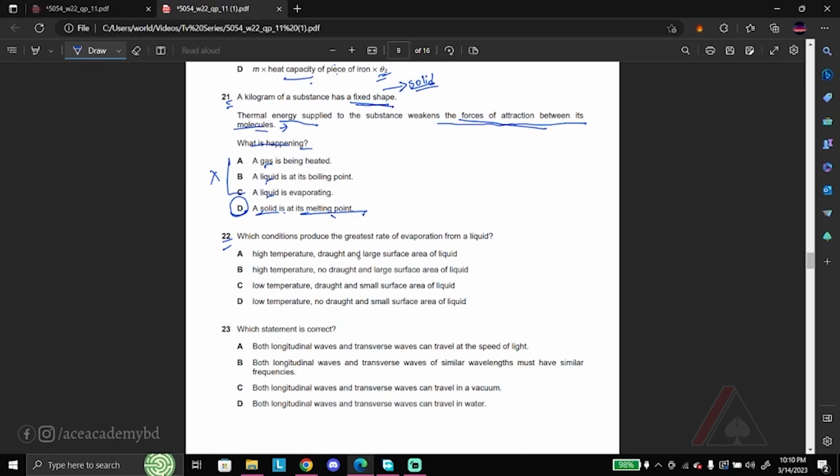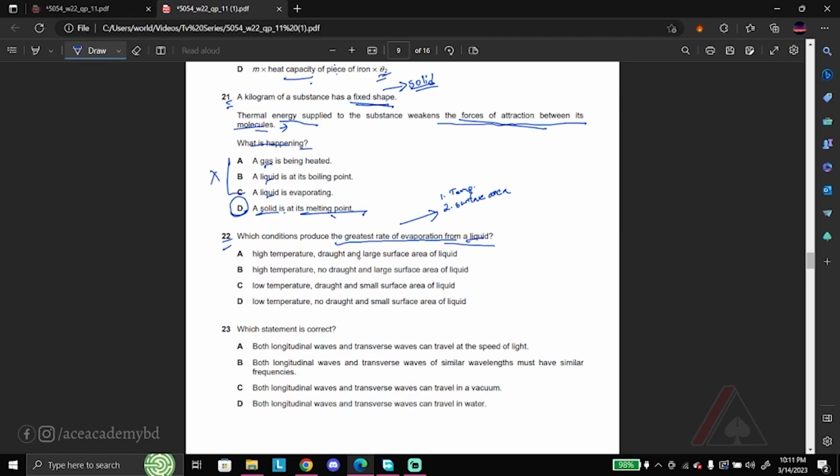So number 22 says which conditions produce the greatest rate of evaporation from a liquid. In the case of evaporation, we need to consider three factors. Number one is the temperature, obviously. Two is the surface area of the liquid.